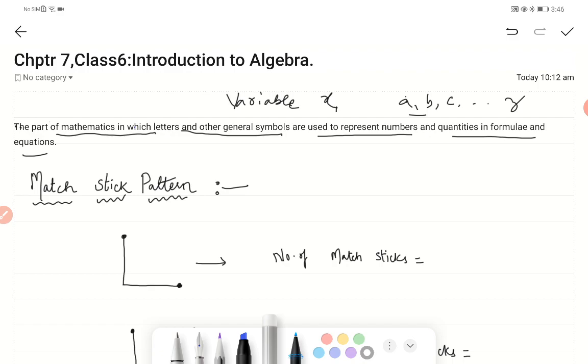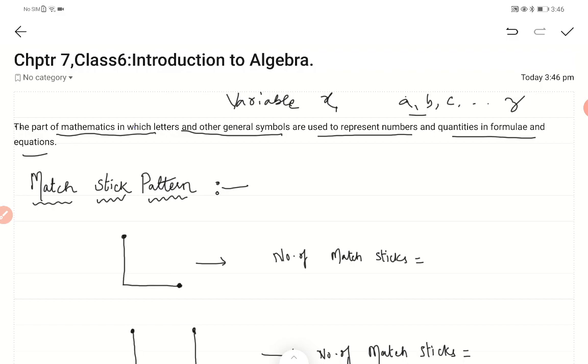Alright, let's see one by one how exactly these variables are used. Let us first learn patterns. Suppose I want to create a matchstick pattern of the letter L. To make an L shape with the help of matchsticks, you can do it practically.